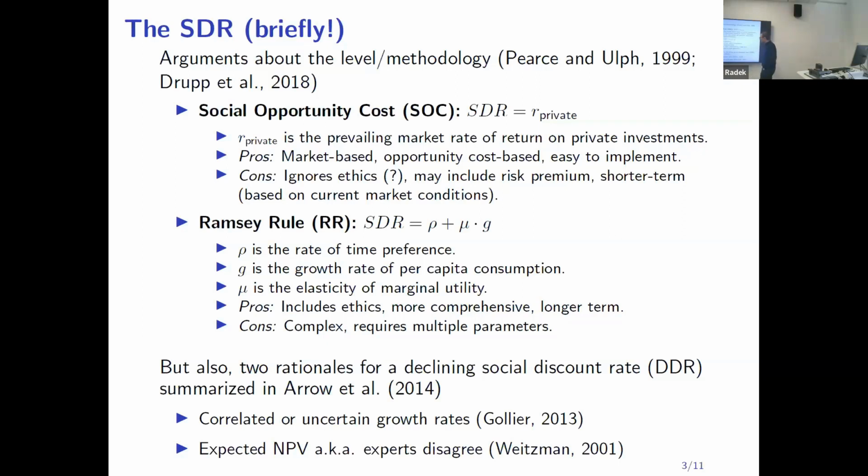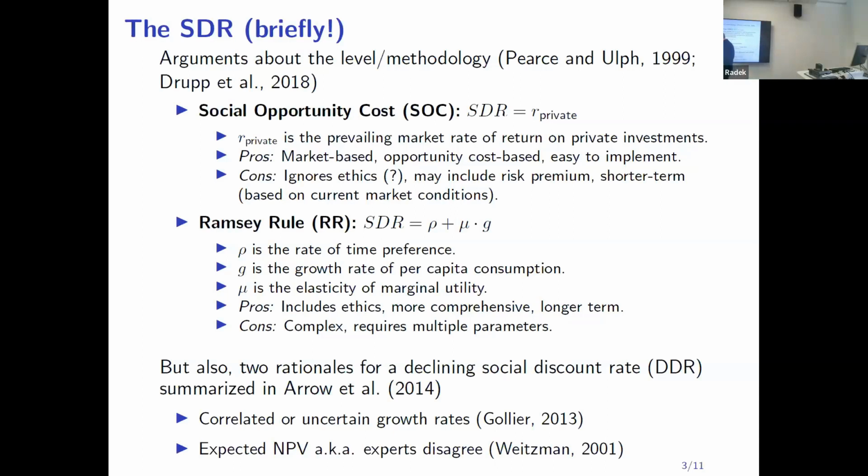Let me tell you a little bit about two of the most popular current methods that people use. The first is the social opportunity cost measure, and the other is essentially a Ramsey rule. The social opportunity cost measure is the simplest possible method you can imagine. Basically, the social discount rate is set to the prevailing market rate of return of private investment. What does that mean?